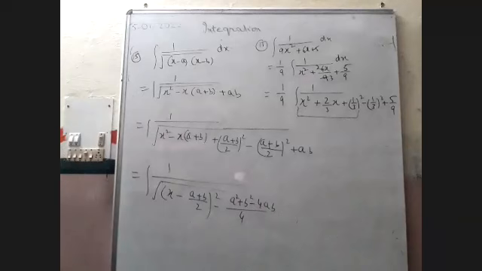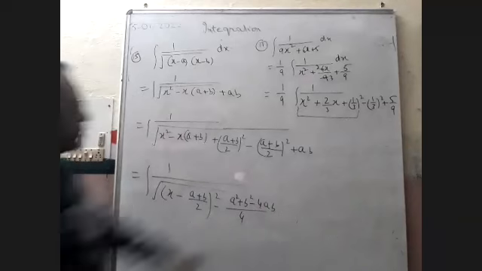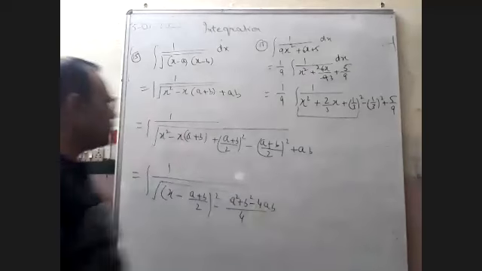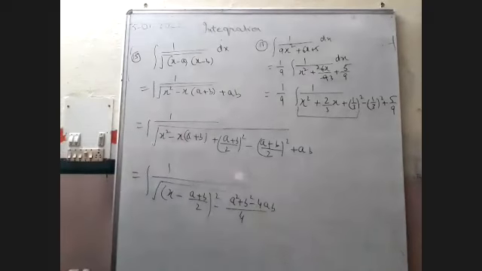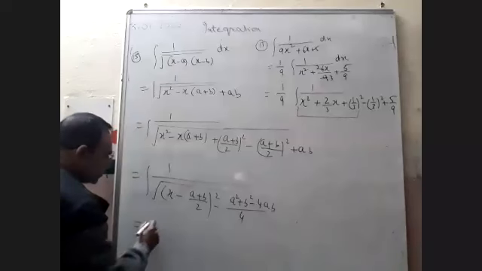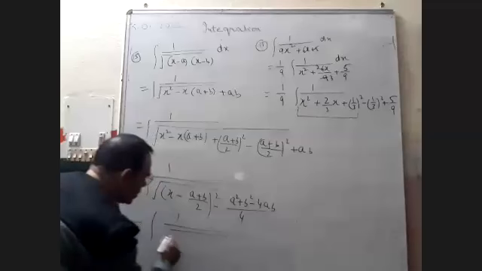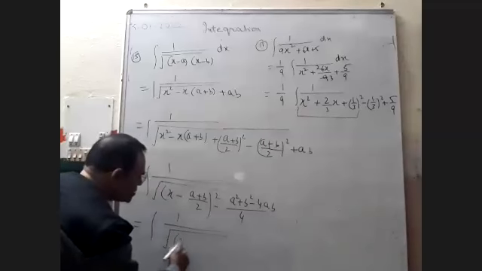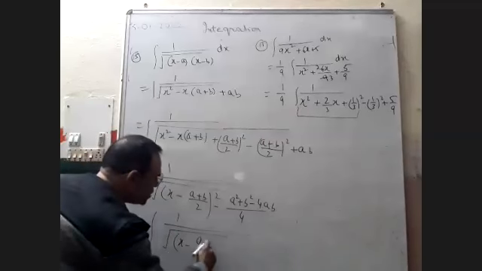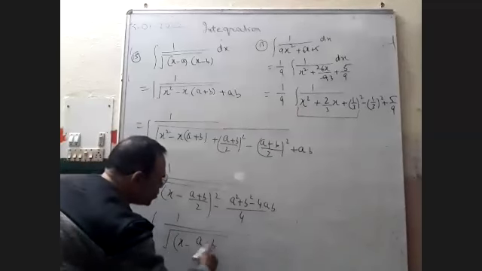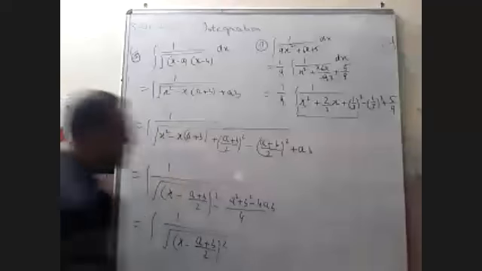If we take the LCM, then it becomes minus 4ab. One upon x minus a plus b upon 2 whole square, minus.